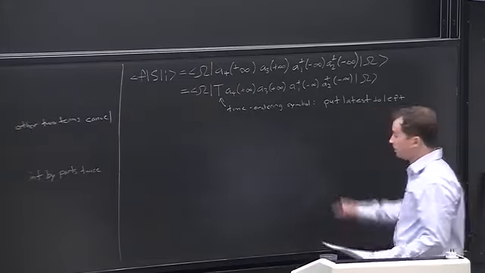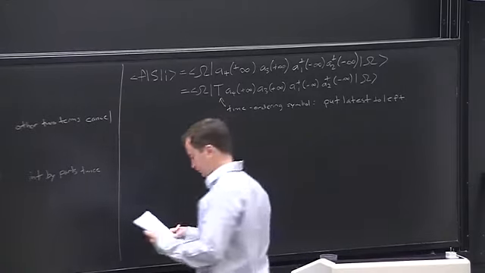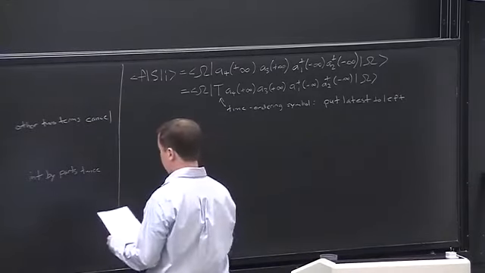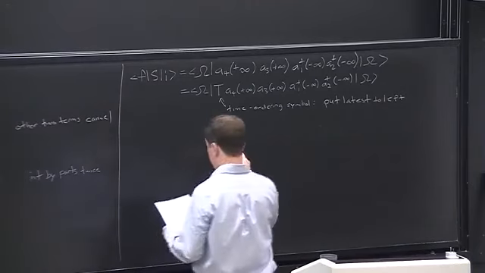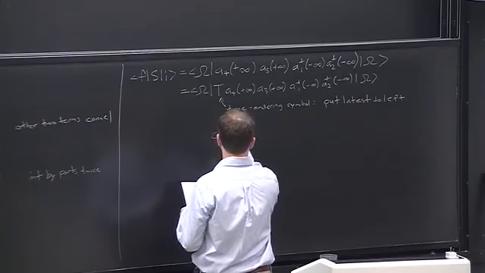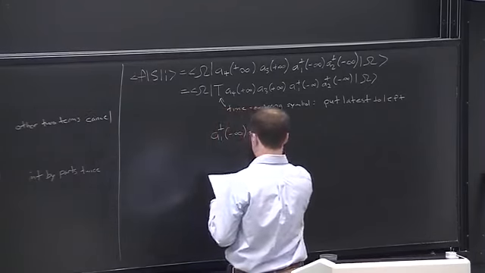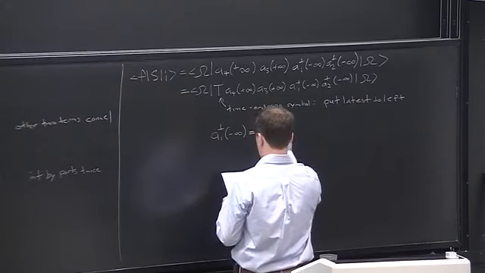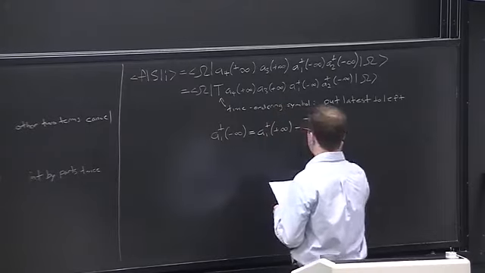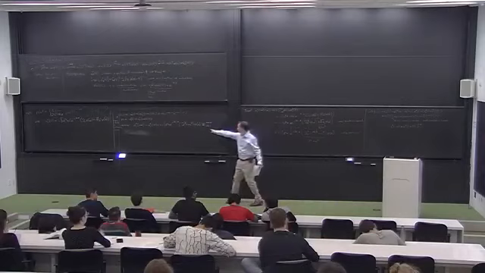Okay, so we're almost there. What we can do next is use our identity repeatedly. Our identity says that A1 at minus infinity is equal to A1 dagger at plus infinity minus I1 dagger. Note, I1 dagger is just this long integral.